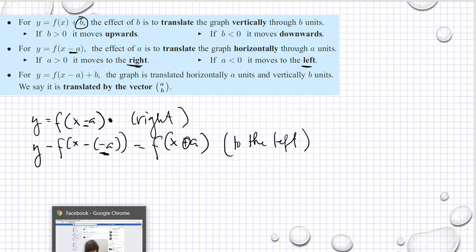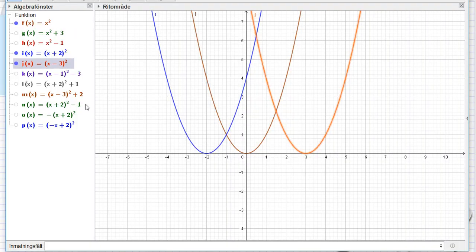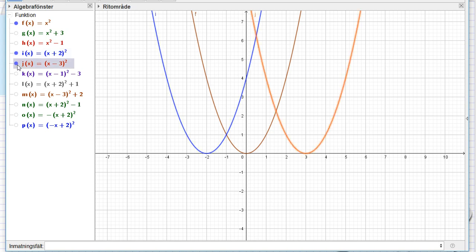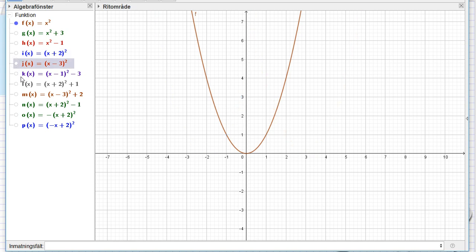So if I remove that once again, our a here is minus, and that means we have to go to the left, this one, 2 steps to the left, and this one is 2 steps to the right. Combining those two, I now have my examples here for k, l, m, n.